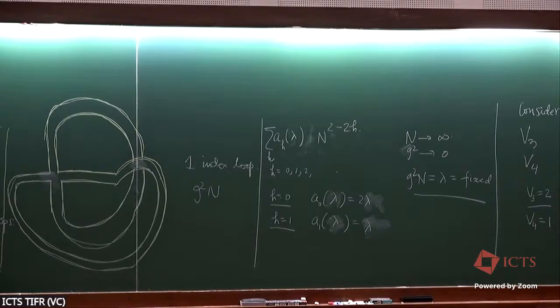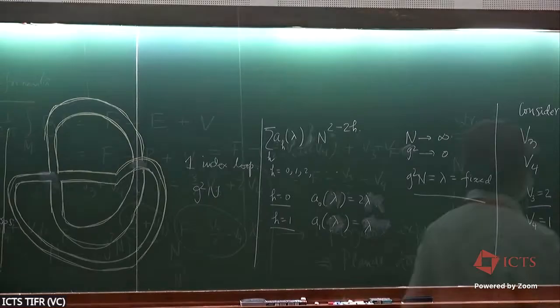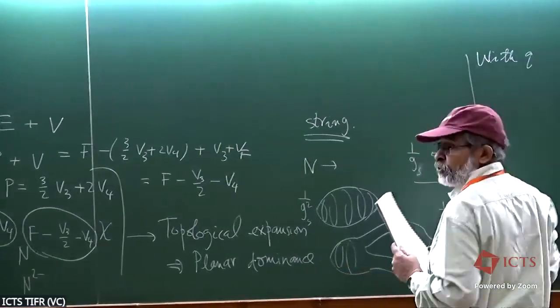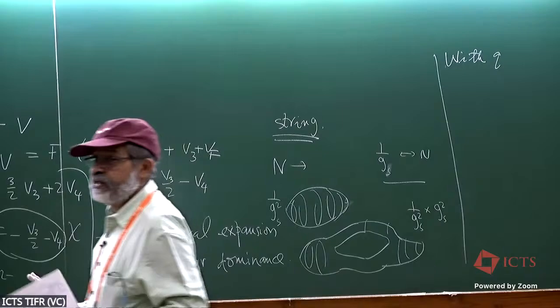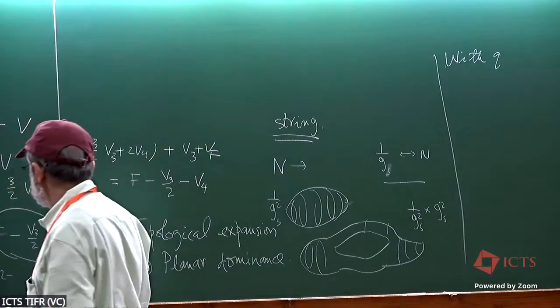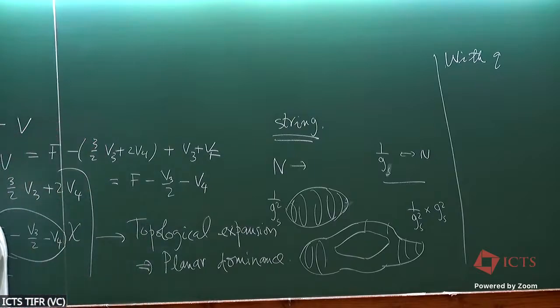So let me just say, with quarks, what happens? So that's true, no additional independence comes. But you could go to the example that we already had. Here, V3 was 0, and V4 was 1.